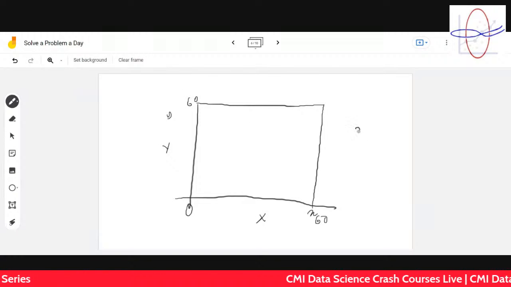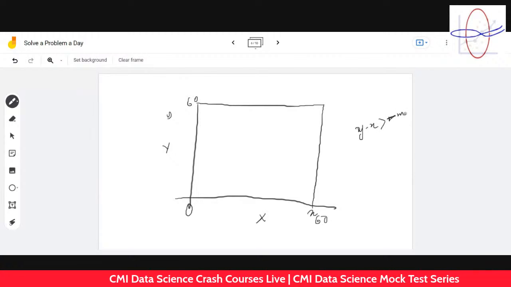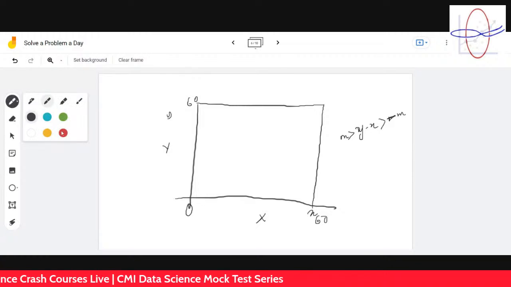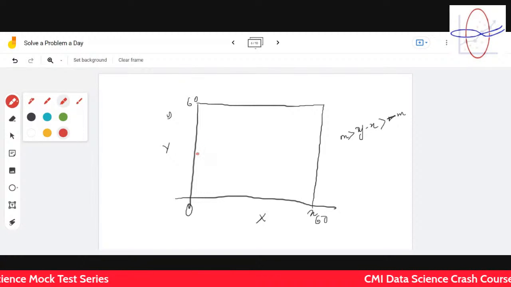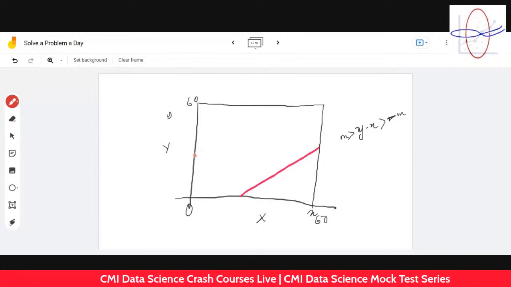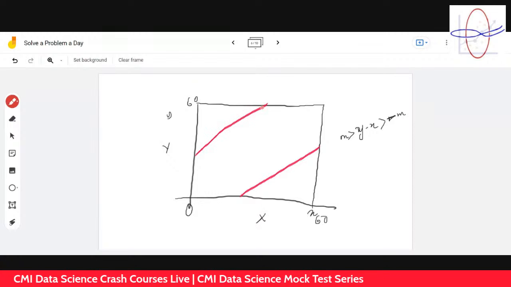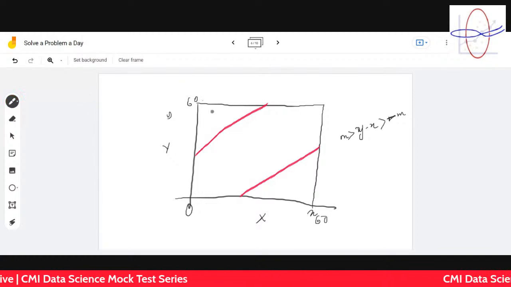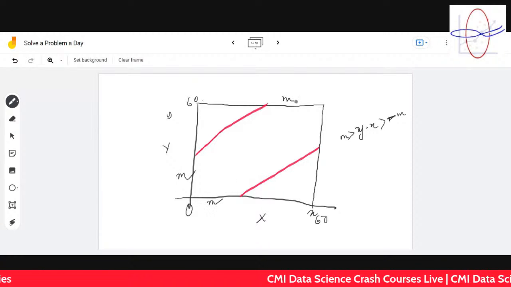And it's given that Y minus X is greater than minus m and less than m, right? We don't know m, we have to find m. So we have to draw this. Y minus X greater than minus m will look something like this, and Y minus X less than m will look exactly like a reflection of it here. So this is m minutes, this is m, this is m, this is m.